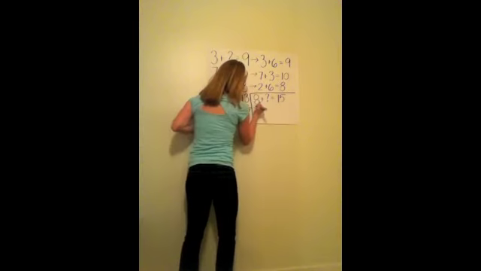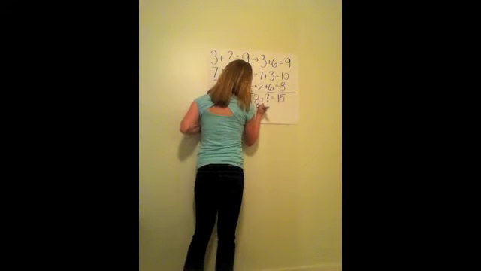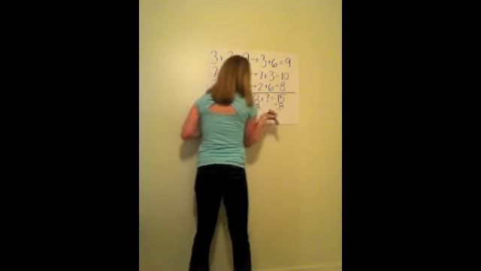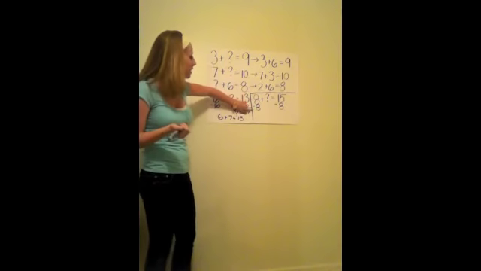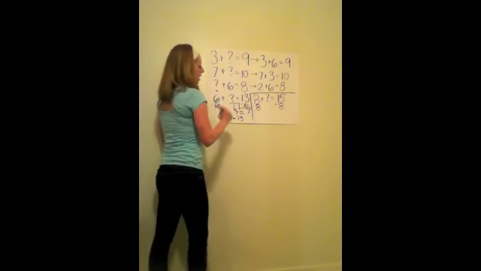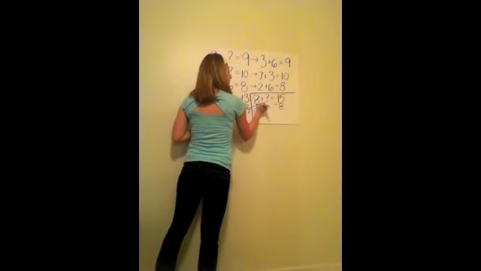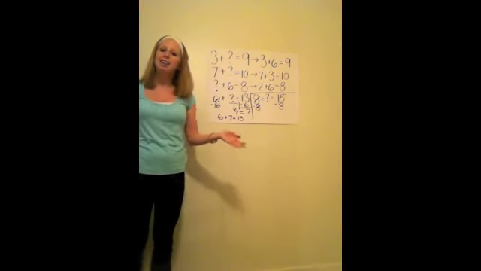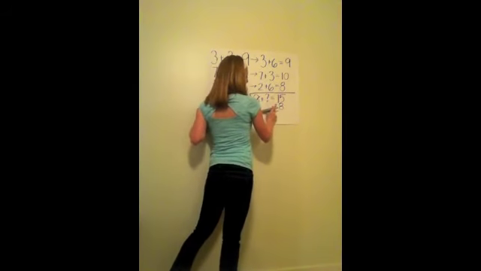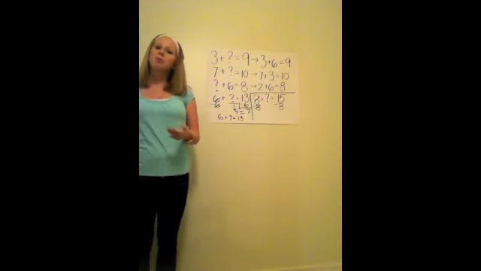So let's subtract 8 from both sides. When we subtract 8 from this side, what happens? Very good. They cancel out because 8 minus 8 is what? 0. Very good. So 15 minus 8 is what, class?